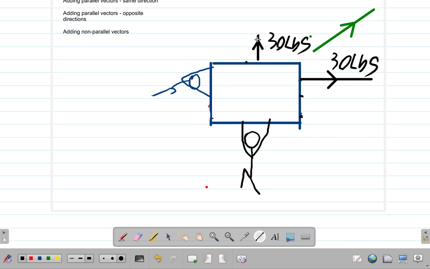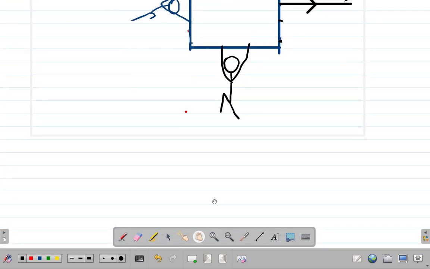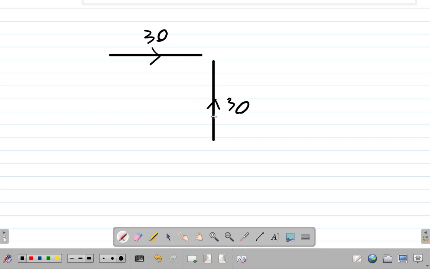Let me just add this vector here. It would move somewhere there. The resultant would be somewhere here. Well, let us see what happens to the vectors themselves. Remember, you have this vector and you have this vector. This is 30 and this is 30.